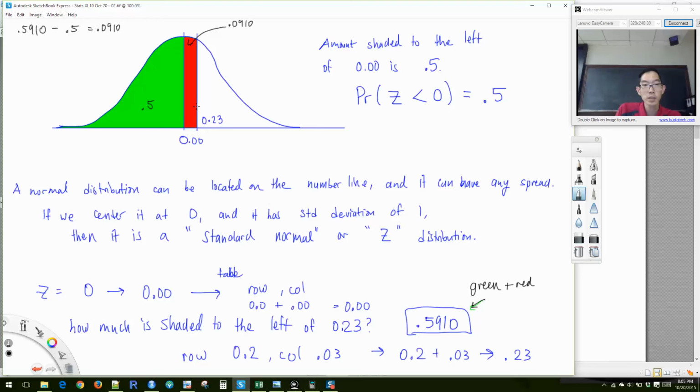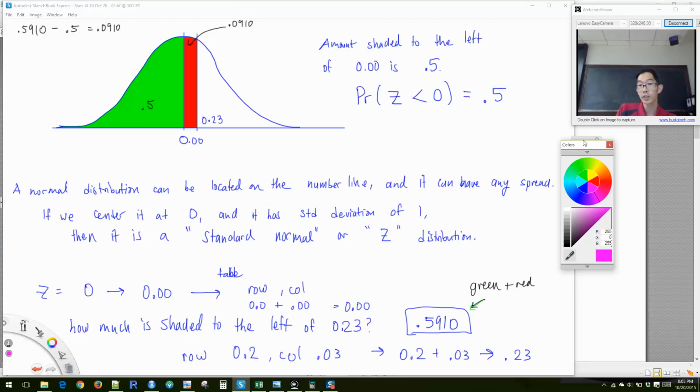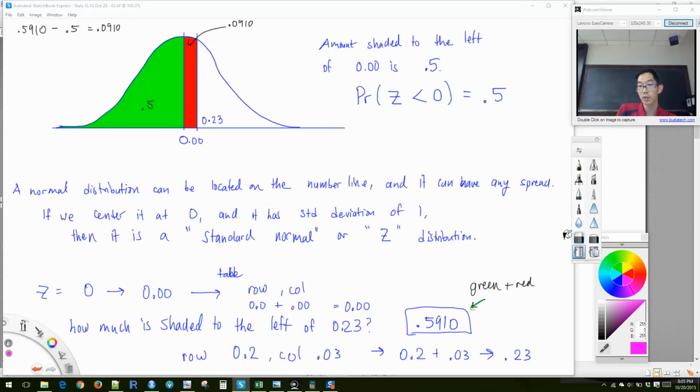All right, so let's try another question here. If I shade over here to the right, how much is shaded in purple?